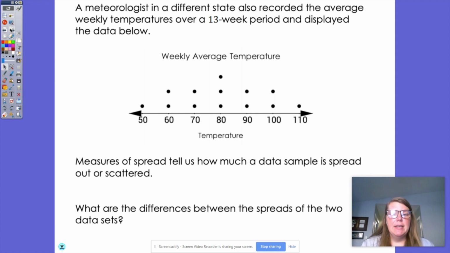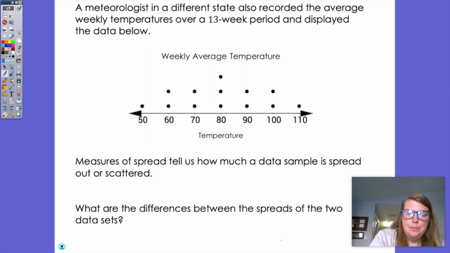Measures of spread can tell us how far the data is spread out or how close it's concentrated together. The difference between the spread of these two data sets is pretty simple. All you really want to say there is that the second set is more spread out.